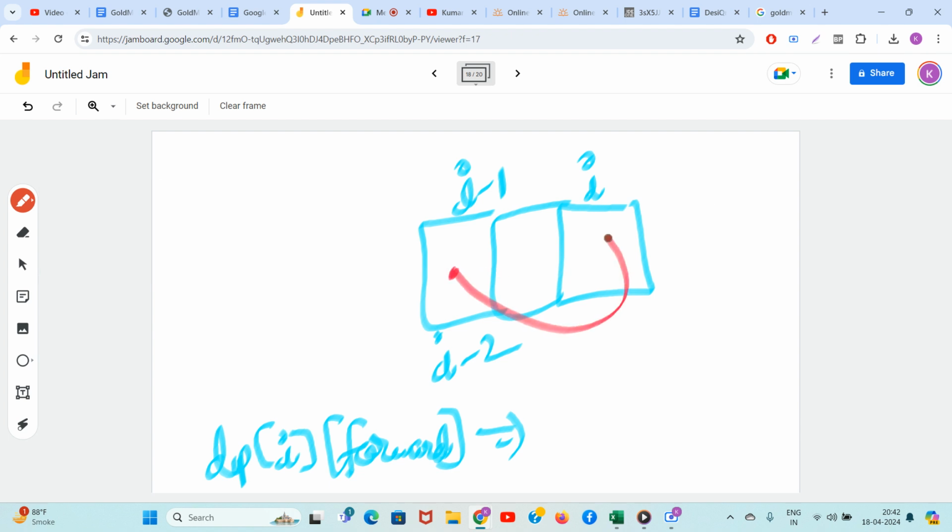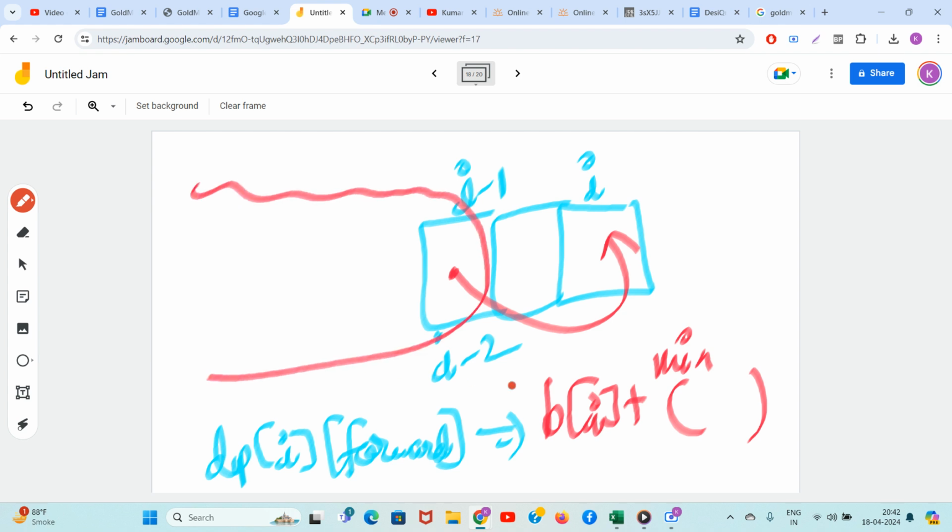You are jumping from here to here. So the answer is b of I plus dp of I minus 2 only.